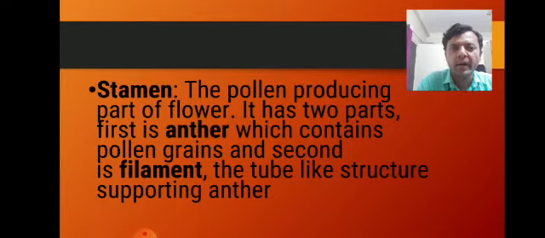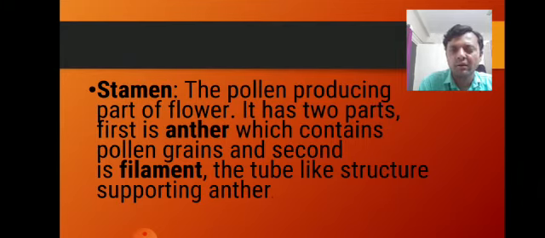It has two parts. First is anther, which contains pollen grains, and second is filament, which is a tube-like structure supporting the anther. See, stamen is having two parts.